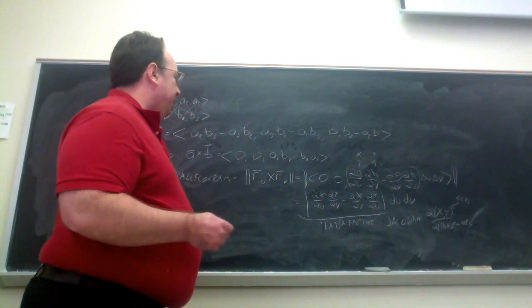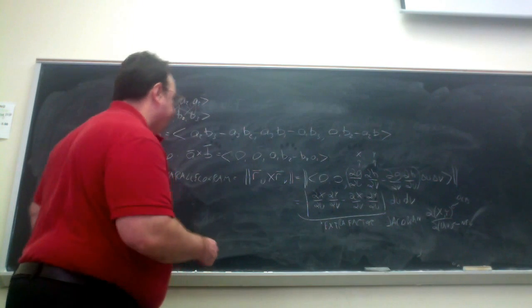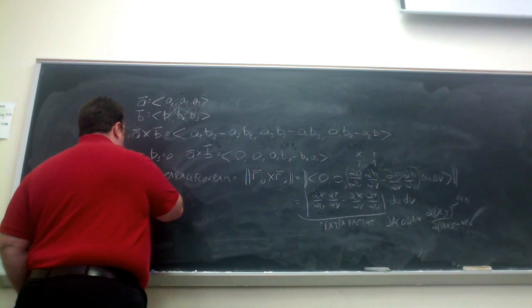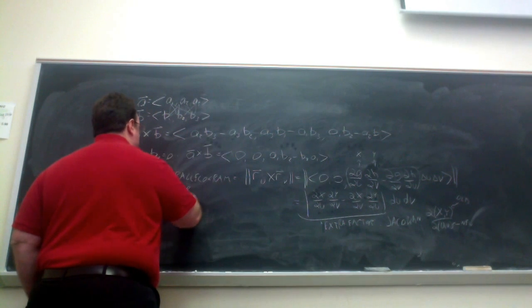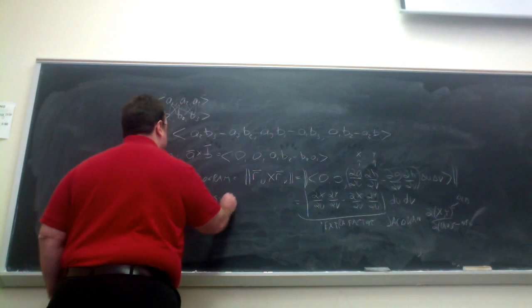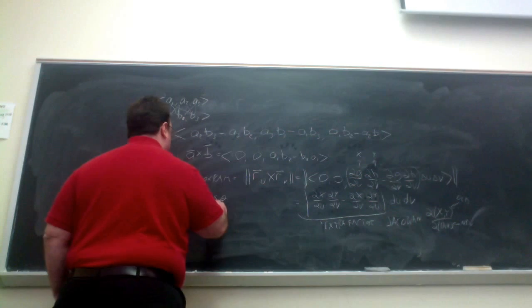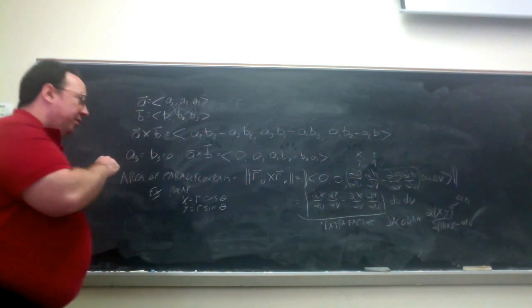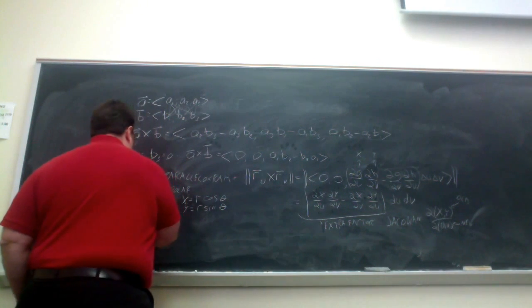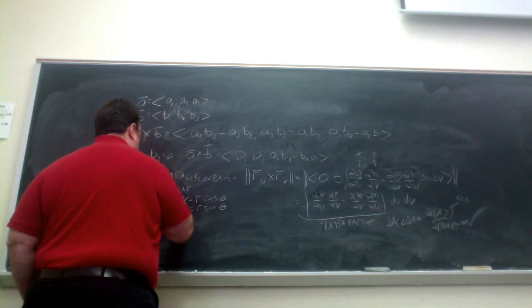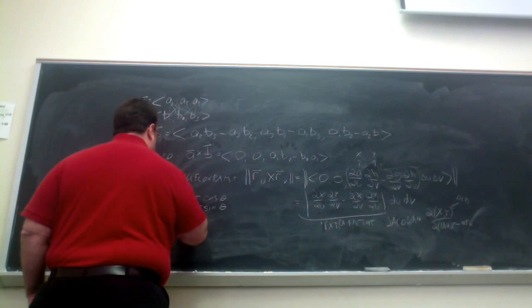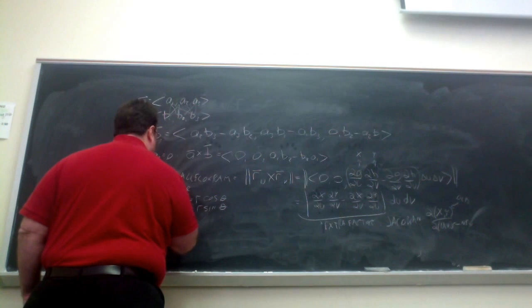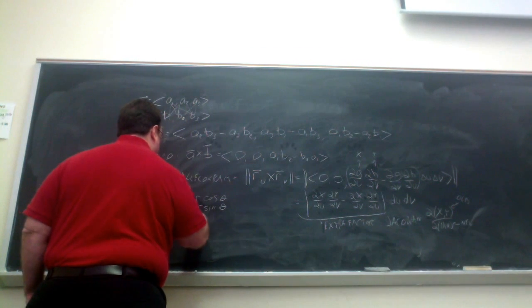To give an example, what you're familiar with, polar coordinates. X is equal to r cosine theta. Y is r sine theta. So our Jacobian, which is often abbreviated using a capital J, is the partial derivatives of x and y with respect to r and theta.